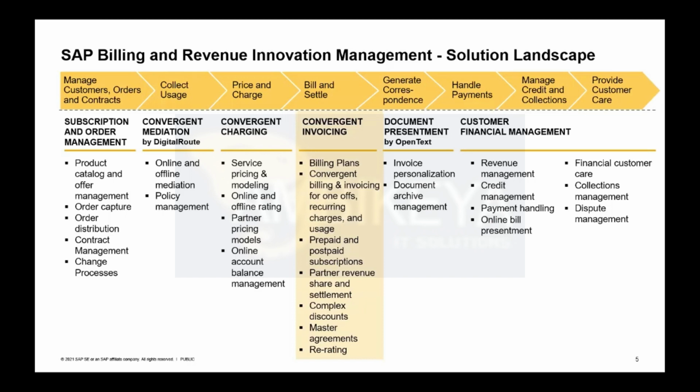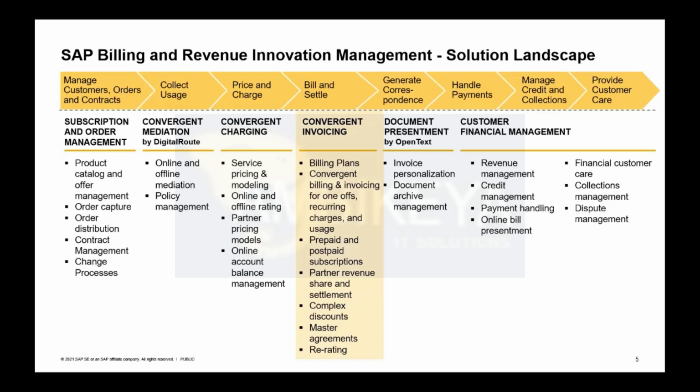But it's important for you to understand that normally the rating is done outside of convergent invoicing, and convergent invoicing is a receiver of already rated billable items. That is important for me.